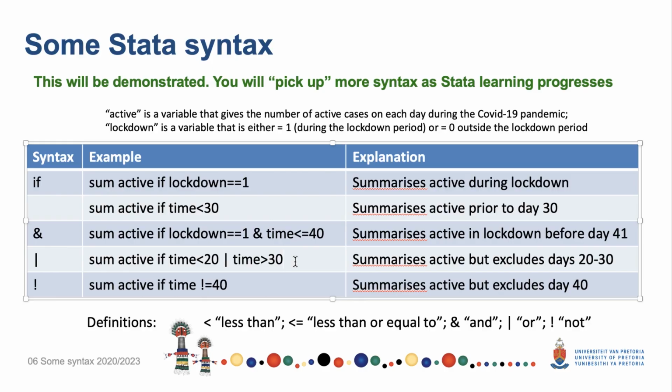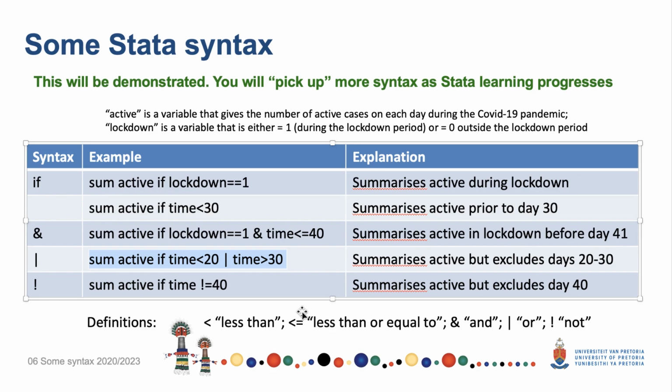The next command makes use of the vertical line for or. We see here sum active if time is less than 20 or time is greater than 30. So this will include all the observations from day 31 onwards and from day 1 to day 19.